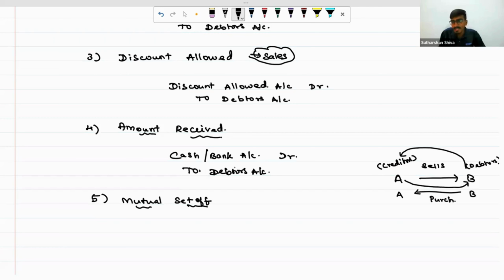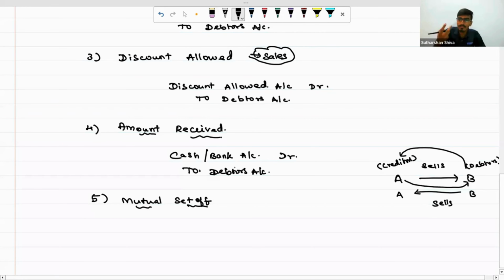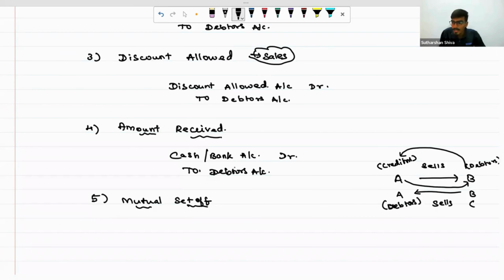If B sells some other product to A, A will become a debtor and B will become a creditor. So, one way or the other, they will be mutually debtor and creditor. So when they have a mutual set off, we will reverse the entries.